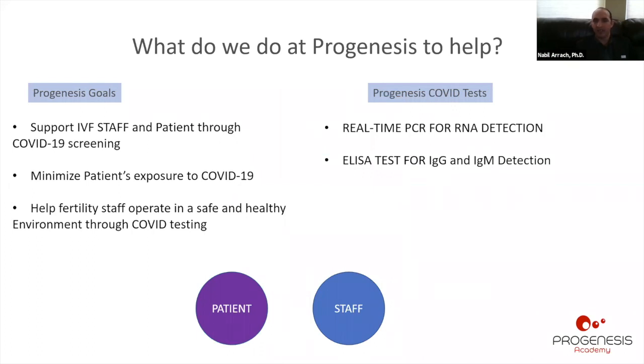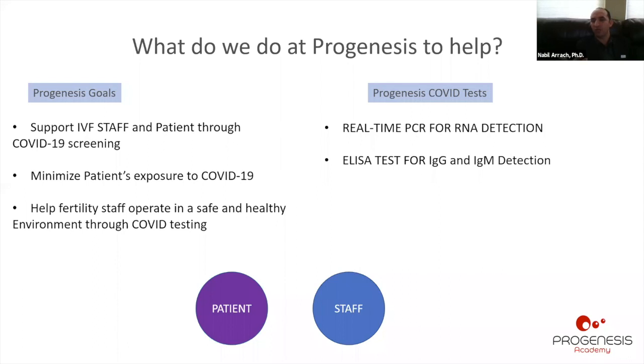As I have made clear in my previous presentation, we at Progenesis are trying to help, in two different ways. One is to support patients to take the safest pathway to treatment by enabling them to get tested and monitor their infection status.